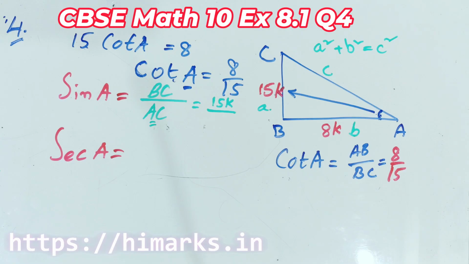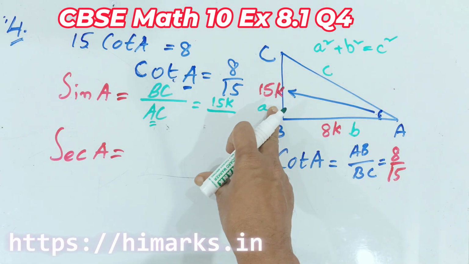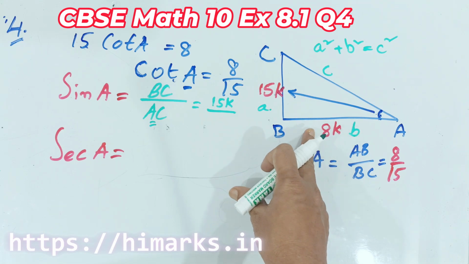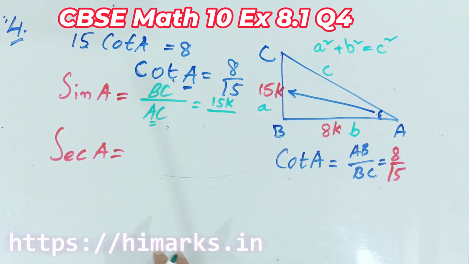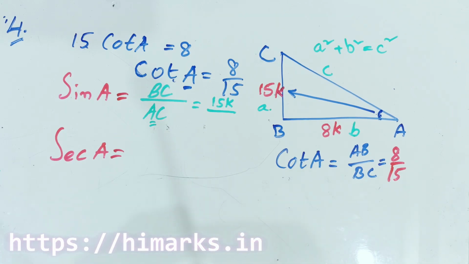So height square plus base square equal to hypotenuse square. Using this formula, let us find out the value of C, because A and B are known.